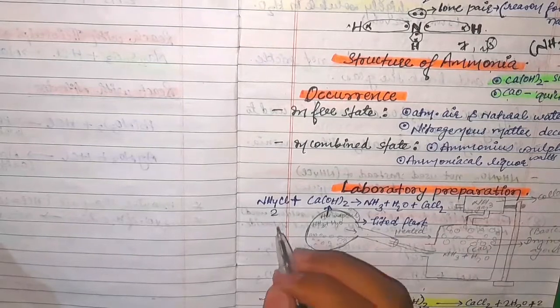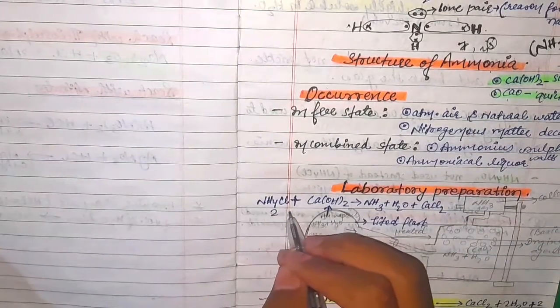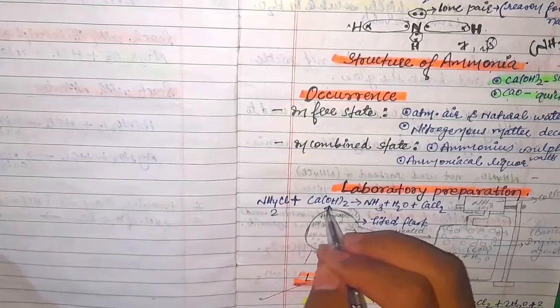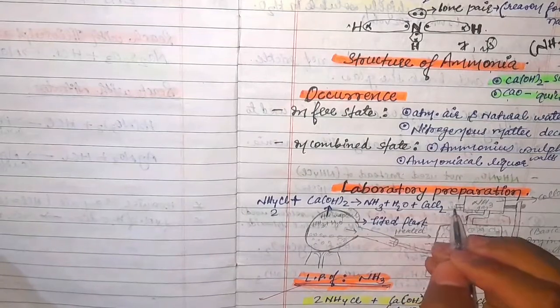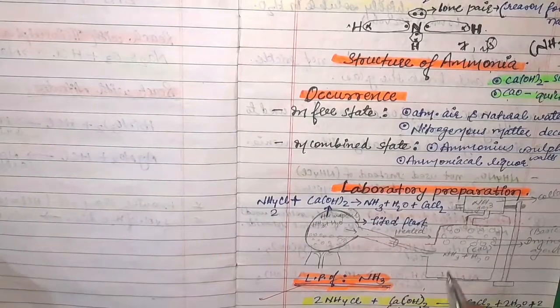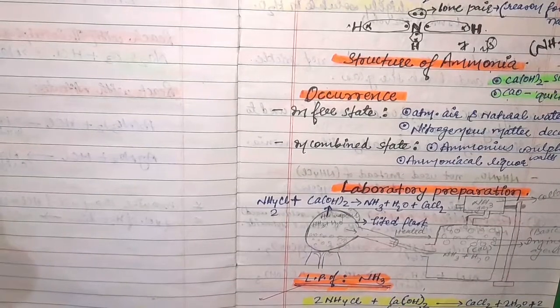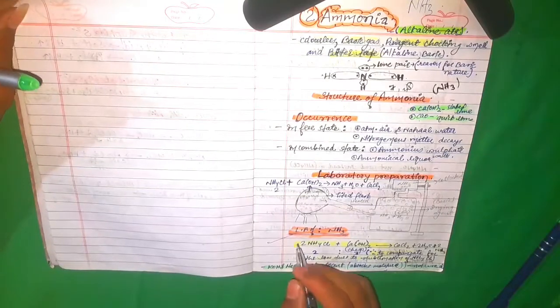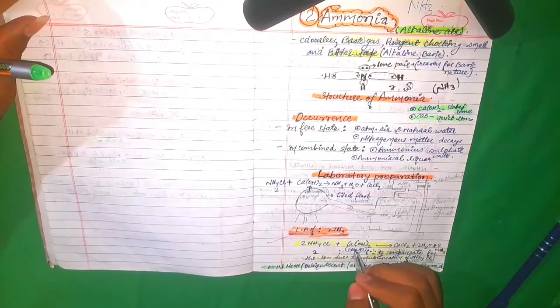The reaction is like this: ammonium chloride NH4Cl plus calcium hydroxide will give ammonia plus water plus salt, that is calcium chloride. This is the process of how we get ammonia. Now moving to the next part, the laboratory preparation of ammonia. The reactants are ammonium chloride plus calcium hydroxide.